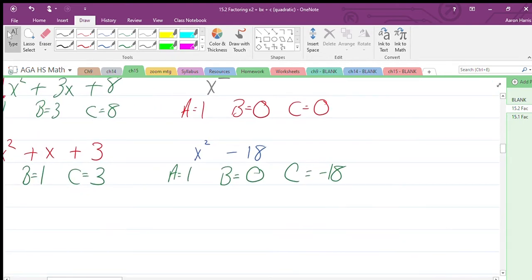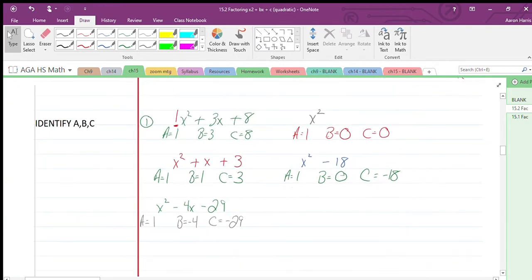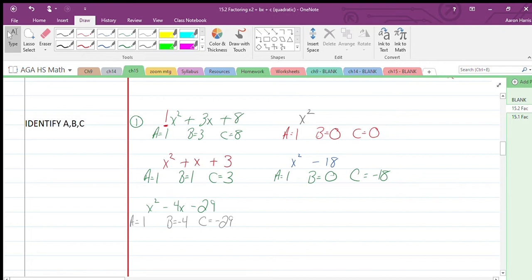Okay, now let's go to x squared minus 4x minus 29. What is A? A is equal to 1. B is equal to negative 4. C is equal to negative 29. So hopefully that shows you enough examples that you're able to figure out exactly what A, B, and C are.